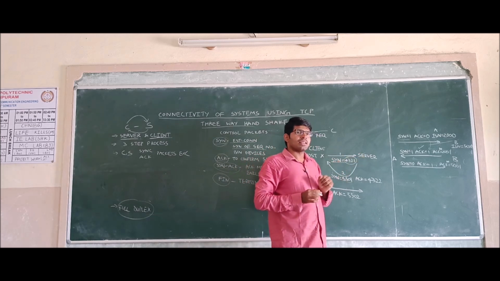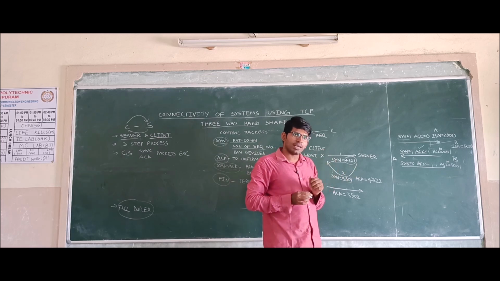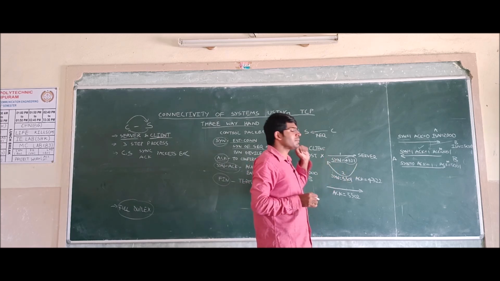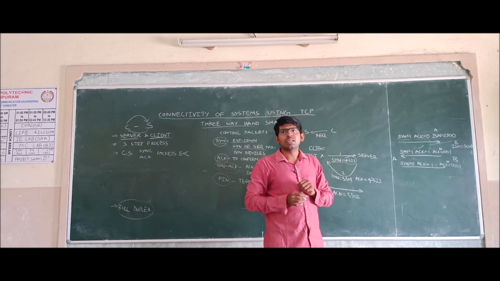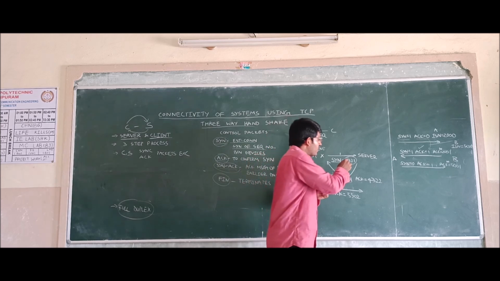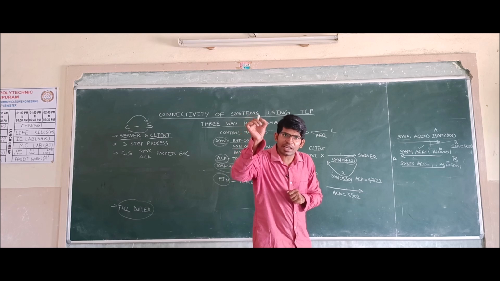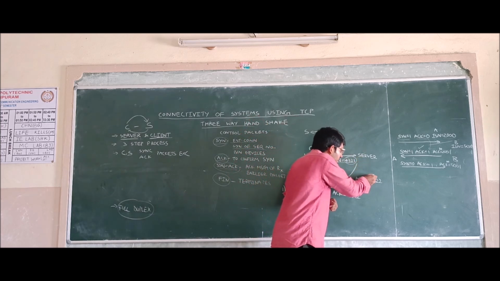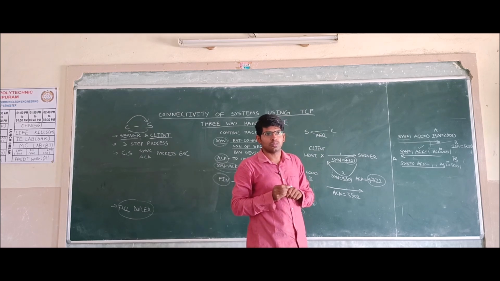After receiving, the server will acknowledge it, saying, okay client, I have received the initial sequence number of your data, that is 4321. I am expecting the next packet with sequence number 4322.